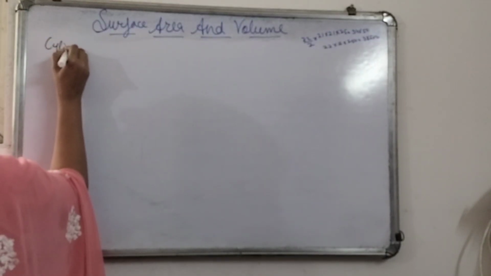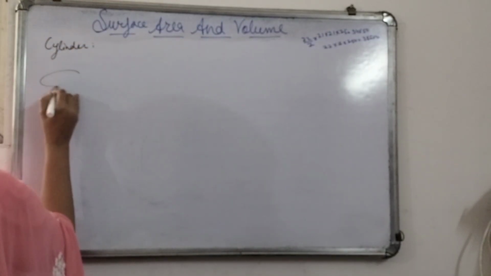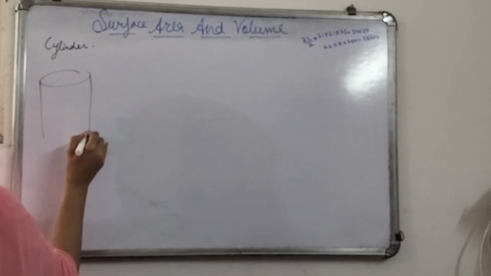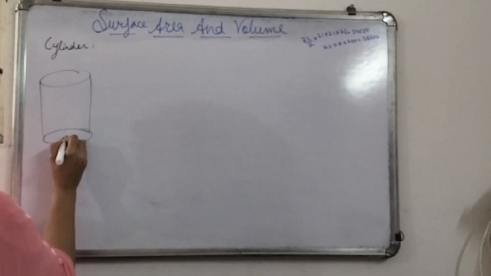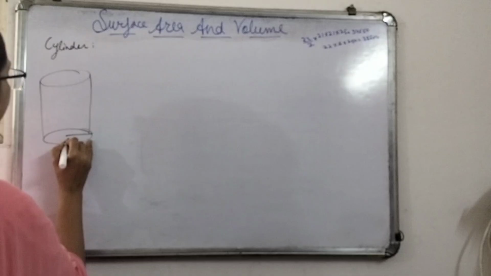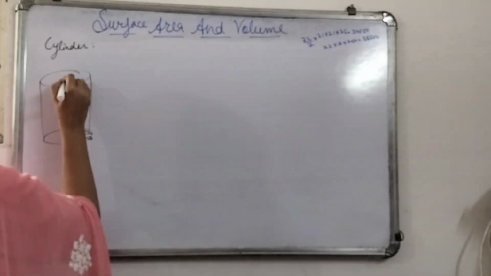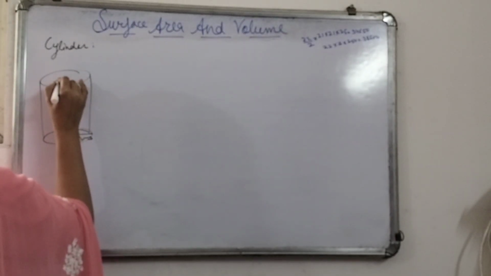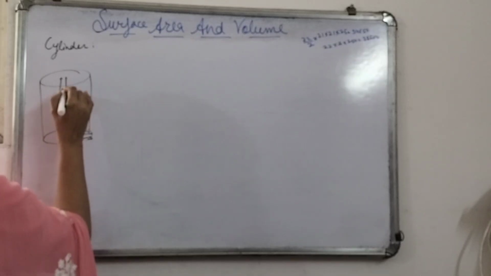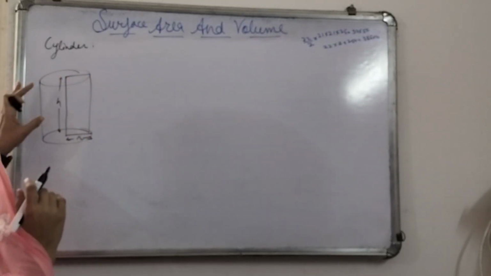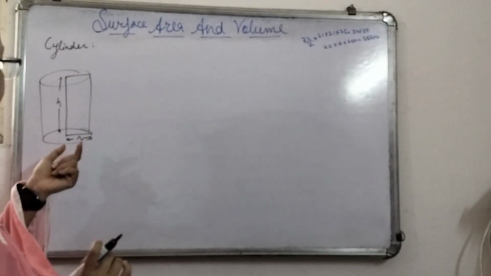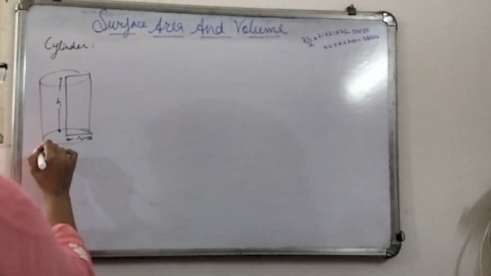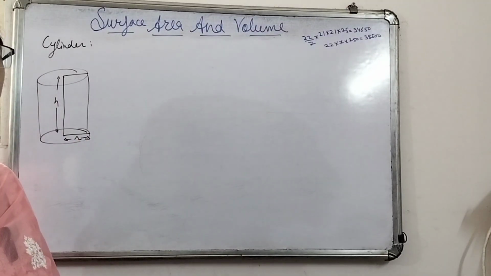For a cylinder, the base is a circle. The base is circular. The radius of the base is r, and this is the height h of the cylinder. We know that for a circle, the area is pi r square.